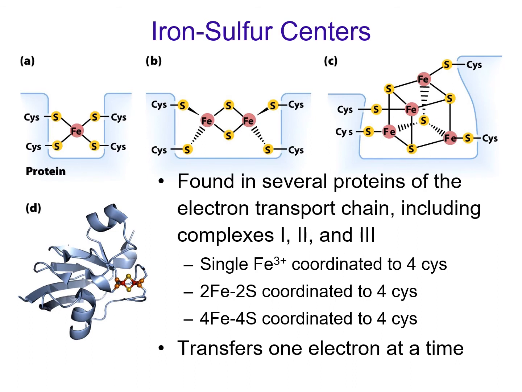So one electron goes here, and one electron goes here, and one electron goes here into those iron sulfur centers. And then we're going to be subsequently reducing each of these irons, or iron 3 pluses, to iron 2, and transferring those electrons until finally in the complex we get to ubiquinone.